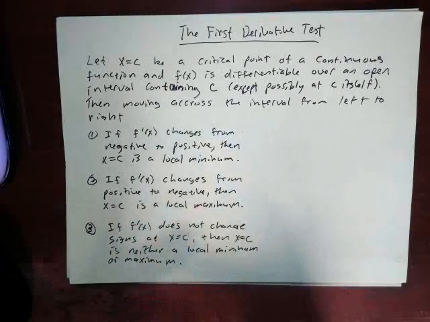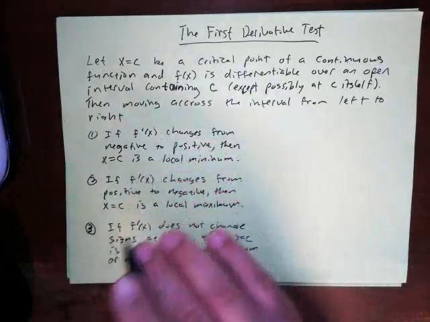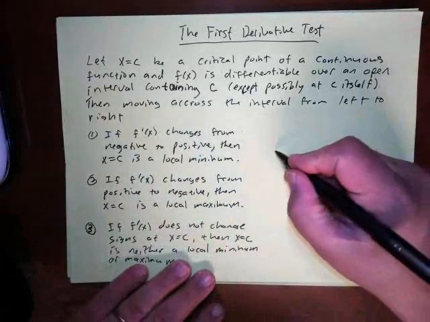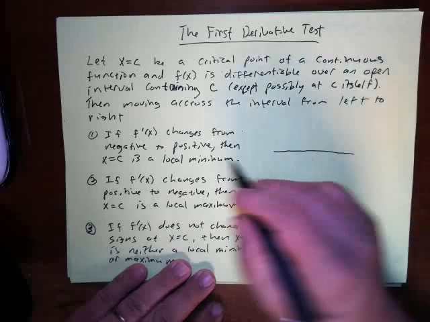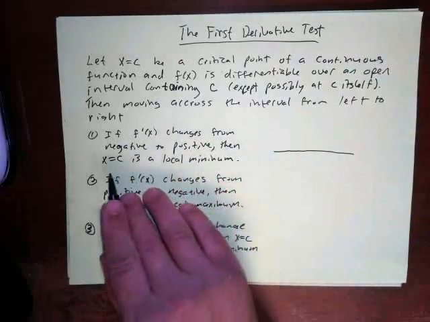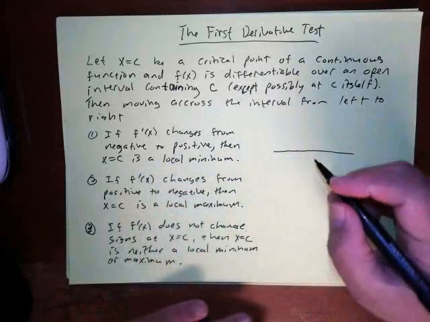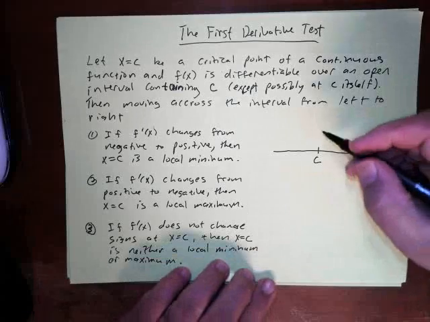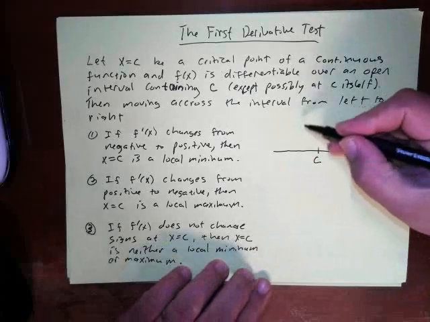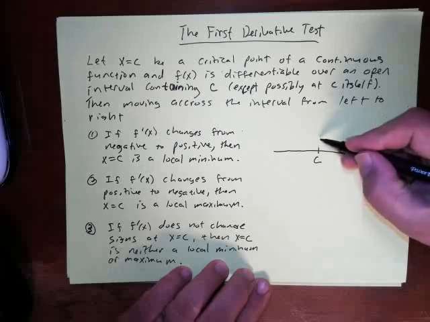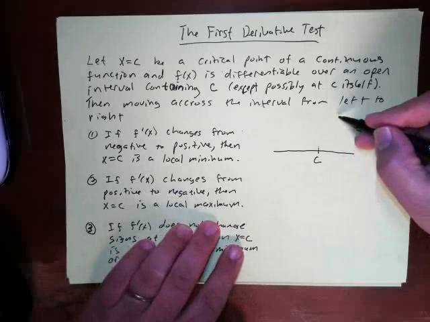So what the first derivative test says, as you move across an interval, let me draw a picture here. If the derivative changes from negative to positive, then x equals c is a local min. Let me show you what this means. There's c, and if the derivative is negative, the function is decreasing, and then if the derivative is positive, it's increasing.